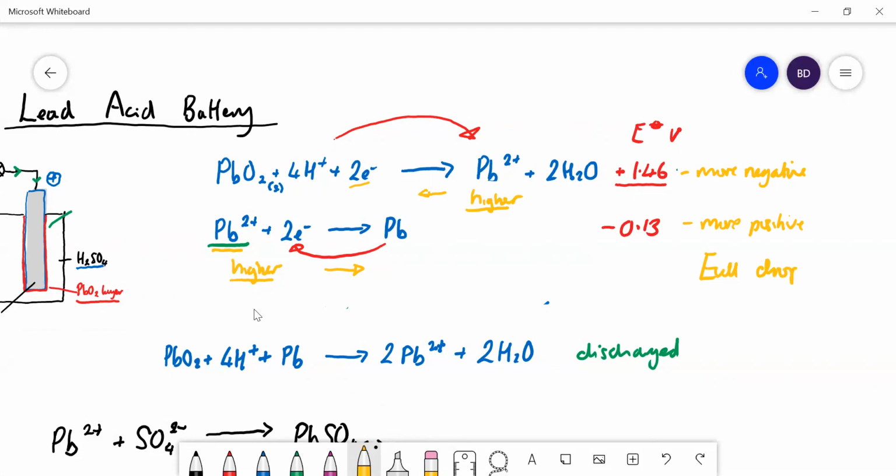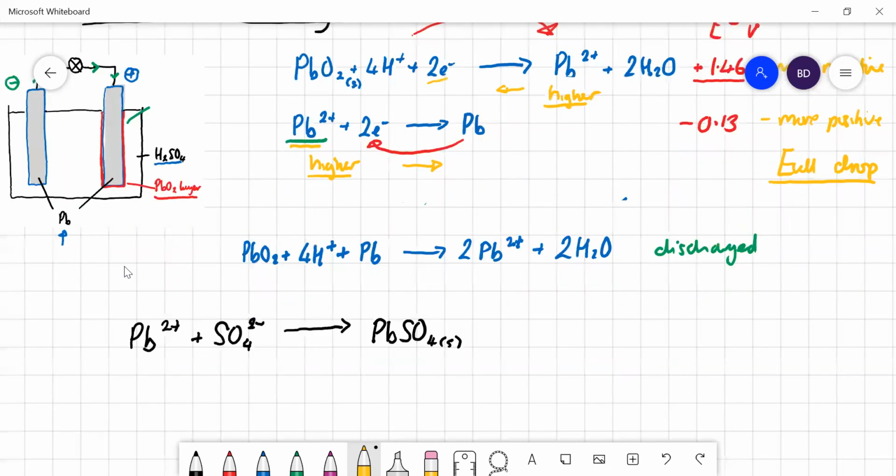So if you use the lead battery under conditions where you didn't have sulfate ions, and if you had hydrochloric acid in there, lead chloride is soluble, then the E cell would drop. And that's because the lead ion, the Pb2+ concentration, would increase during discharge of that battery. By having sulfate ions there, you precipitate out all the lead ions, as we've got here.